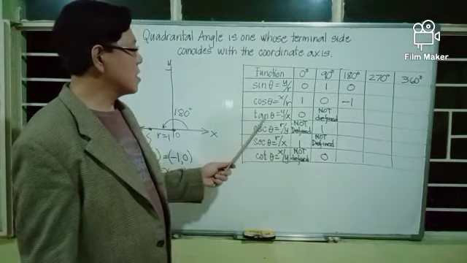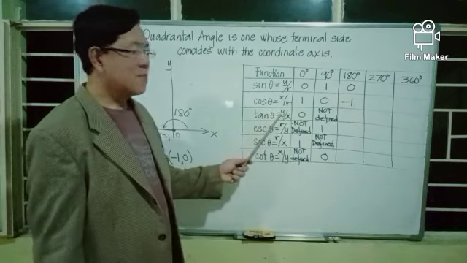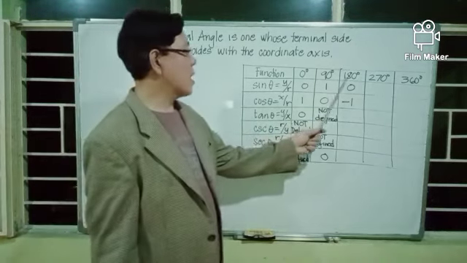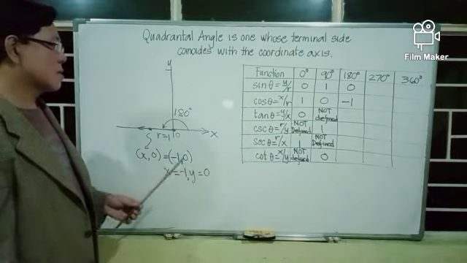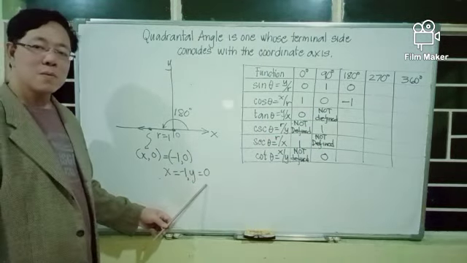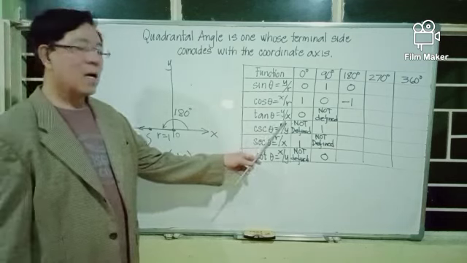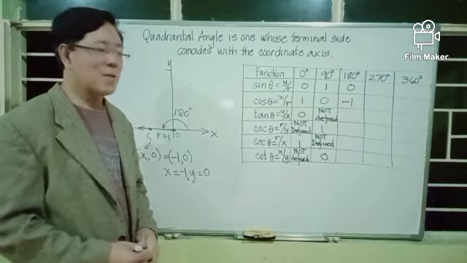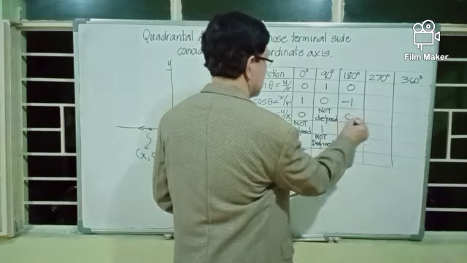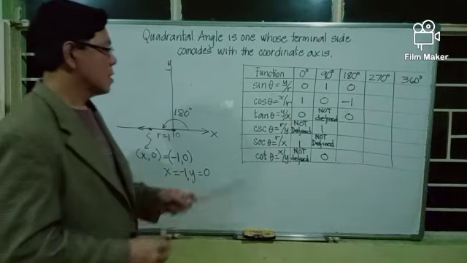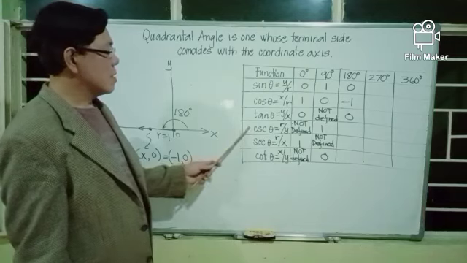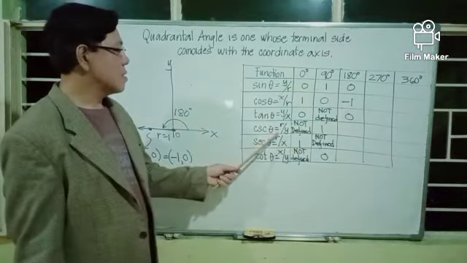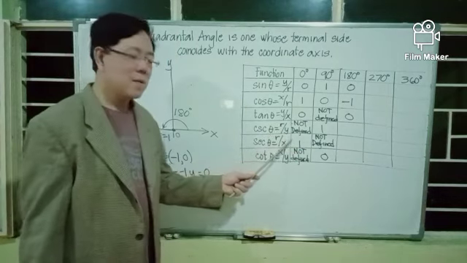Now, tangent is defined as the ratio of y and x. Tangent of 180 degrees equals y, 0, divided by x, negative 1. 0 divided by negative 1 is 0. Cosecant of 180 degrees is defined as r over y.